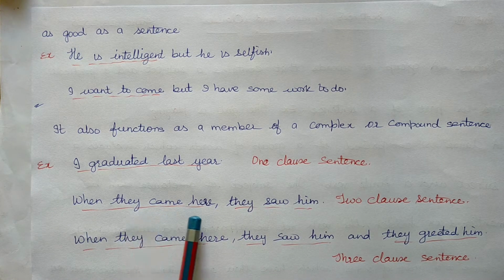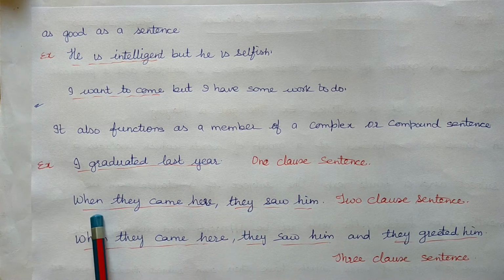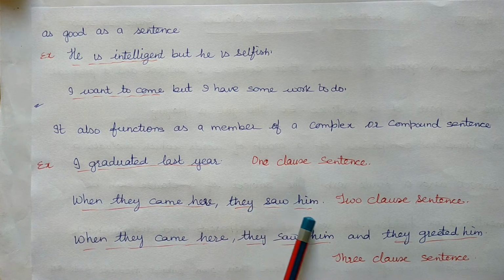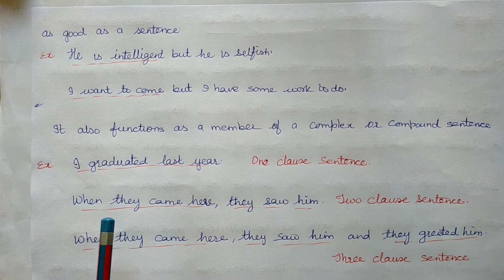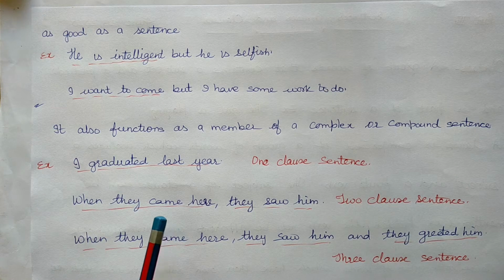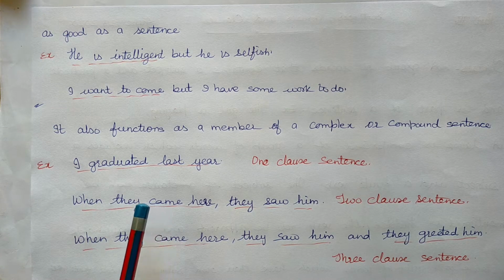Here, a two clause sentence. When they came here, they saw him and they greeted him. Here, a three clause sentence. So it may be classified into three: one clause sentence, two clause sentence and three clause sentence.